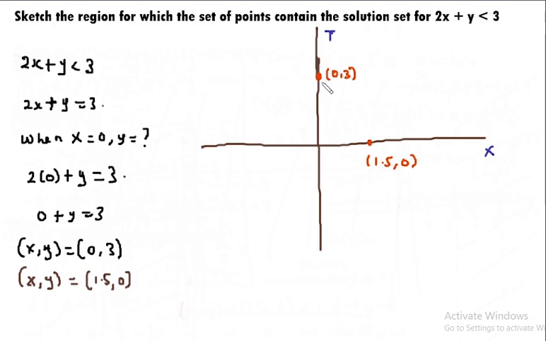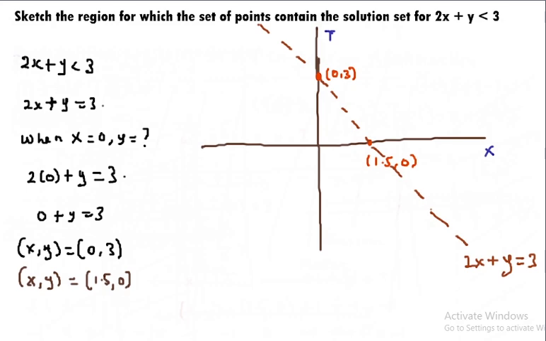So we're using a broken straight line. This straight line represents the equation 2x plus y is equal to 3.